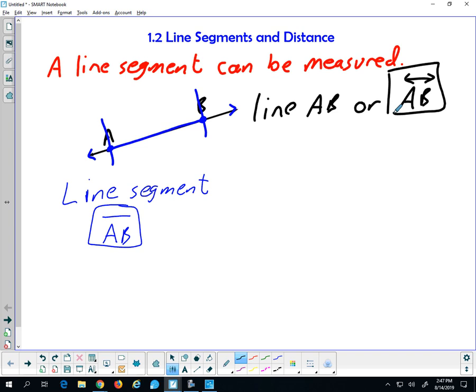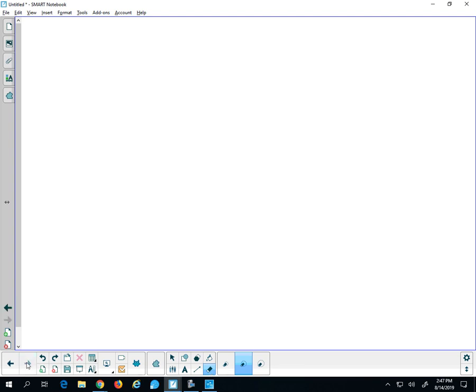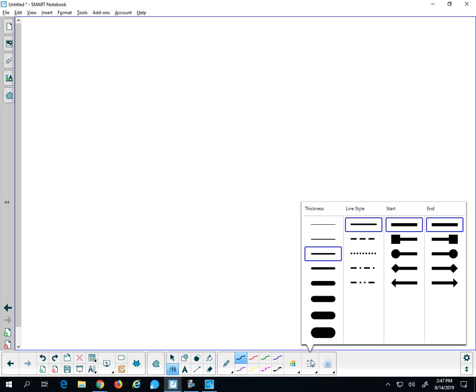Next thing we're going to talk about is the betweenness of 2 points. Okay? So I'm going to go on to the next page. And now we're going to talk about what it means to be between 2 points. So if you think about a number line, if you have any two numbers on a number line, you can always find a real number that's between those two numbers.